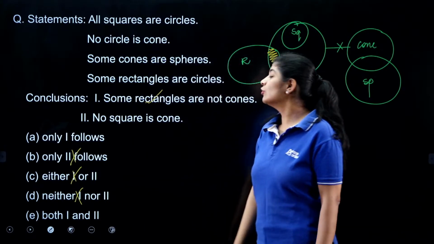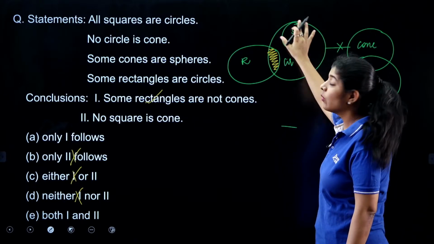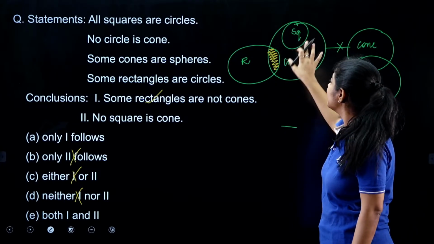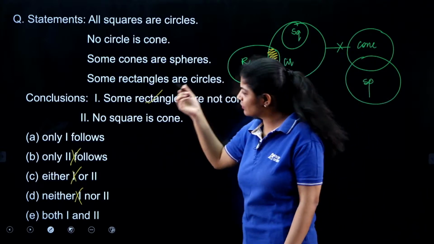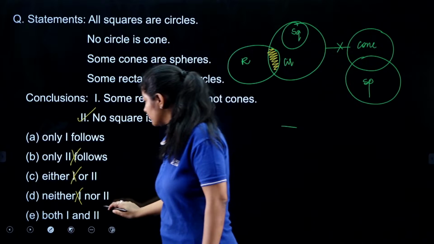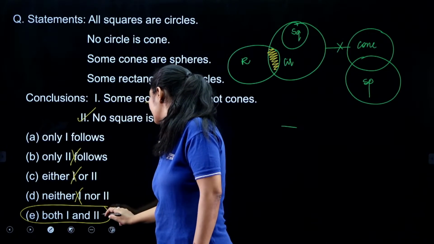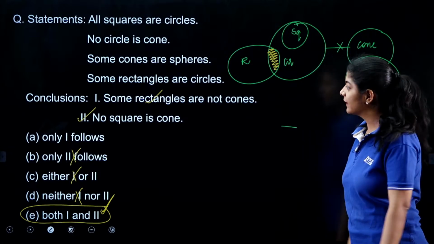Next, no square is a cone. Yes, because the whole square belongs to circle, and circle can never be a part of cone. So we can say that square can also never be a part of cone. So the second conclusion is also true. So we will go with our option number E, right?